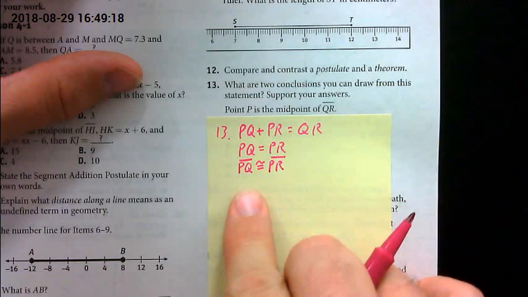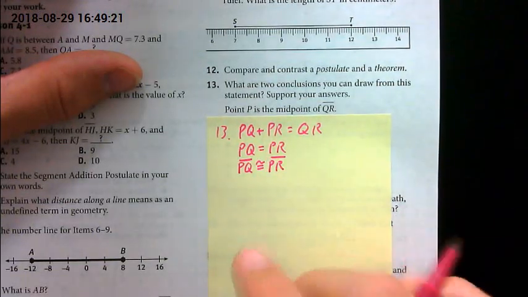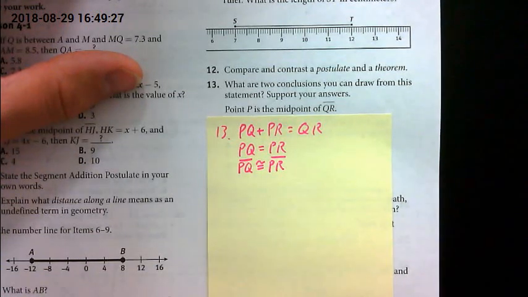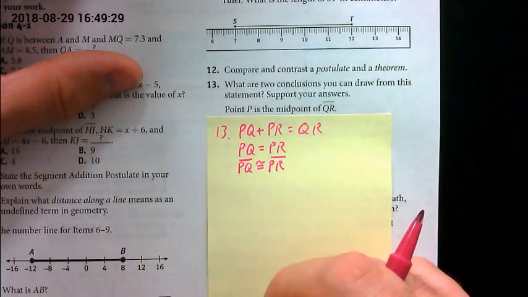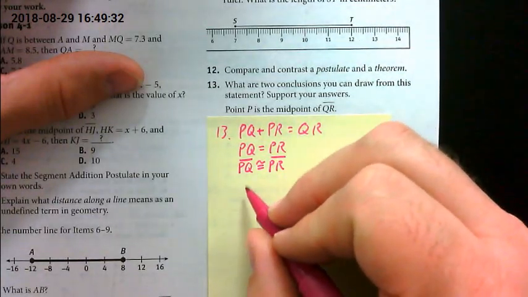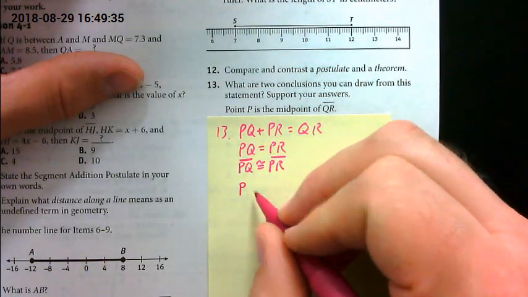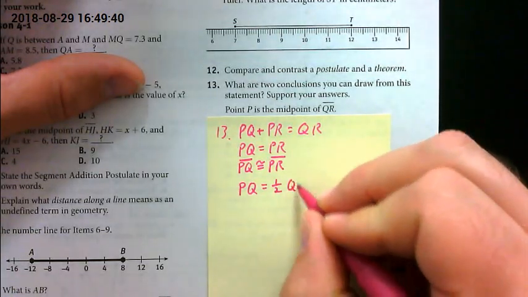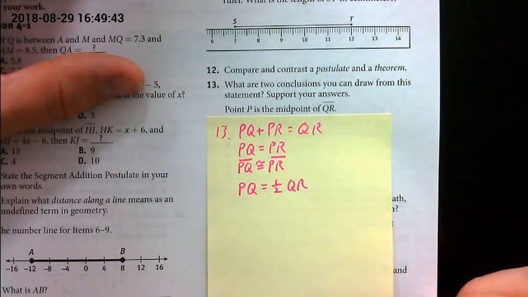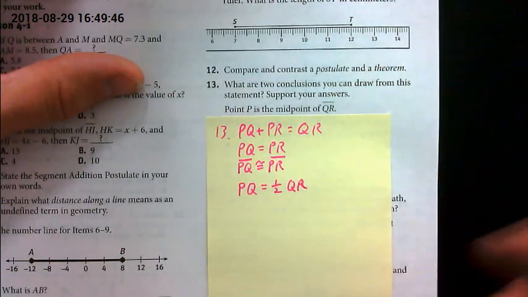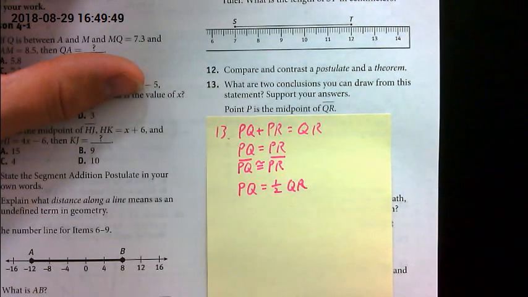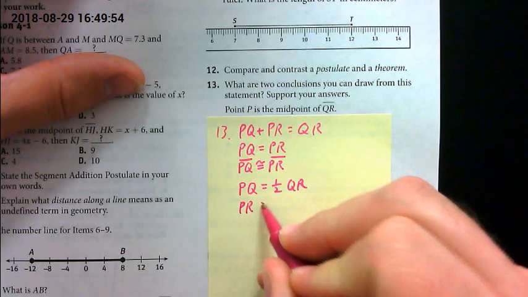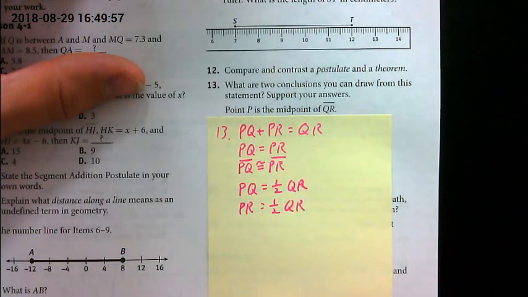And again, I could reverse the order of any of these letters. So flip those around. I could also flip the equation around. I also heard something about half back there, right? So I could say PQ is equal to half of QR. Or, again, the other way around, PR is equal to 1/2 of QR.